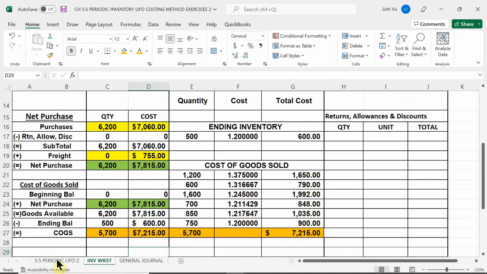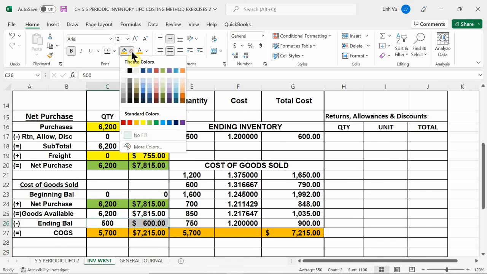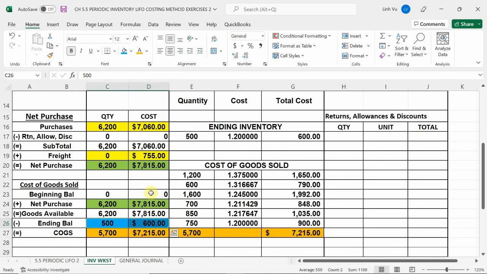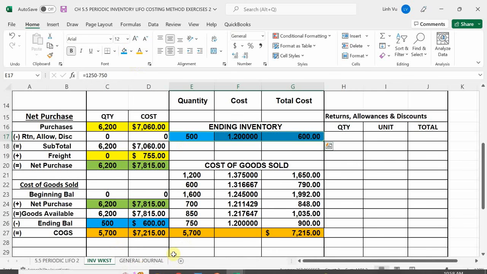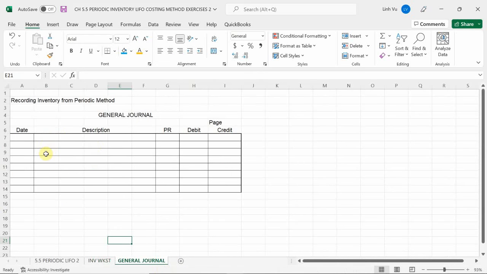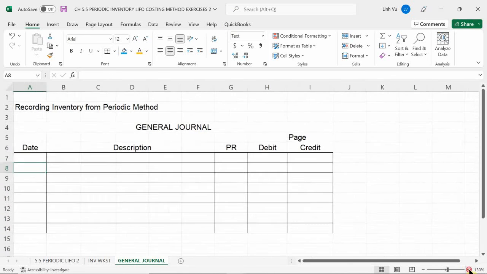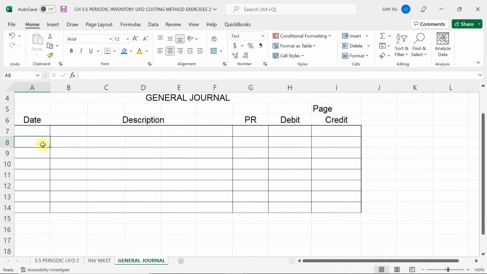Let's go ahead and do the last step here, which is the conversion entry. So here you go, conversion entry. Once again, the date is going to be June 15. What do I need to recognize?